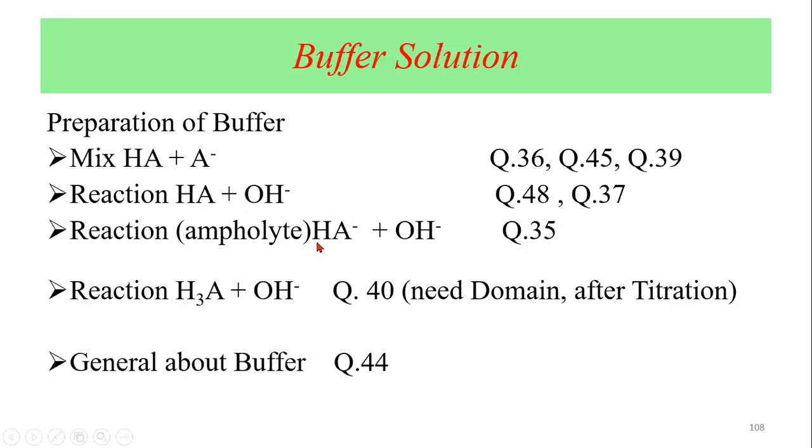As well, it's not written here and we don't have an example of it, but I could also have a base reacting with an acid. So an A-, let's say, reacting with an H3O+, and that can give you HA in solution. And we may see some of that in titrations.